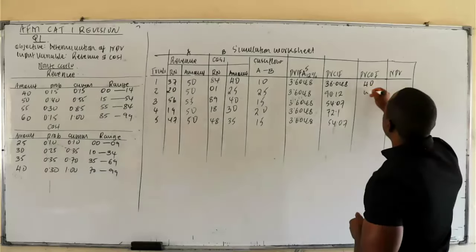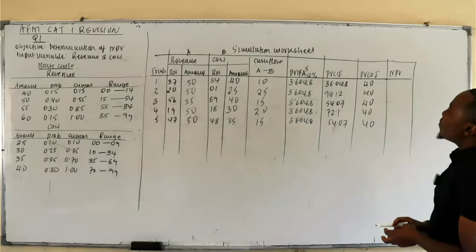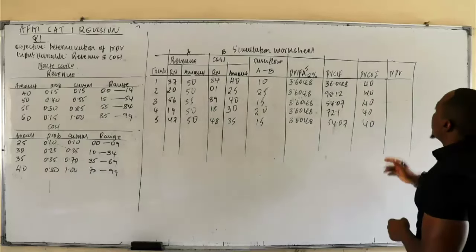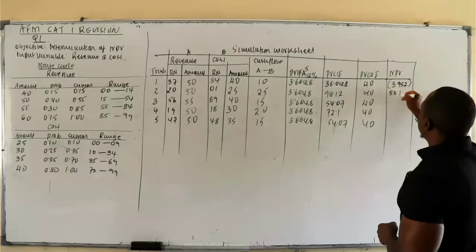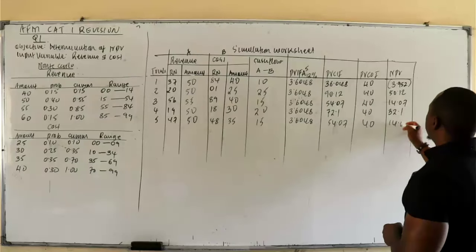So to get NPV, you take the present value of cash inflow, you deduct the present value of cash outflow. This one you get negative 3.952. This one you get an amount of 50 point. Here you get an amount of 14 point. Here you get an amount of 2.1, and you get 14.07.